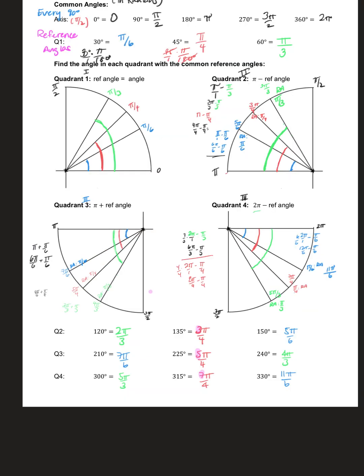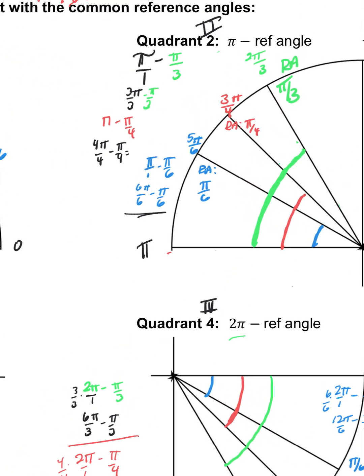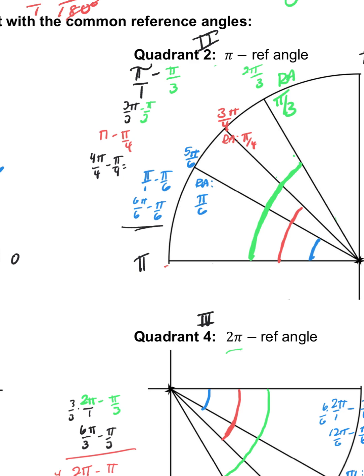So if I look at the radians, here's the radian denominator, but then this numerator is minus 1. 3 minus 2 is 1.